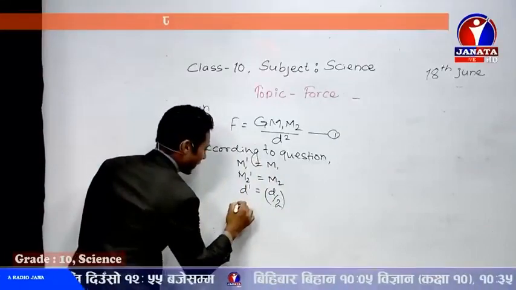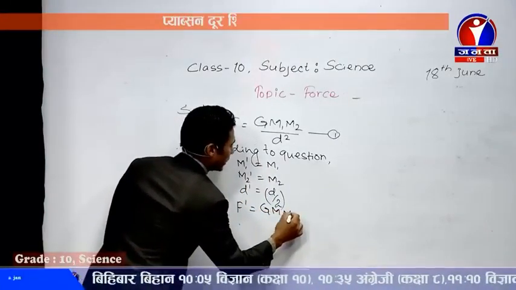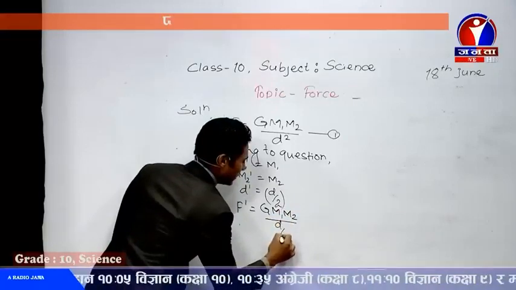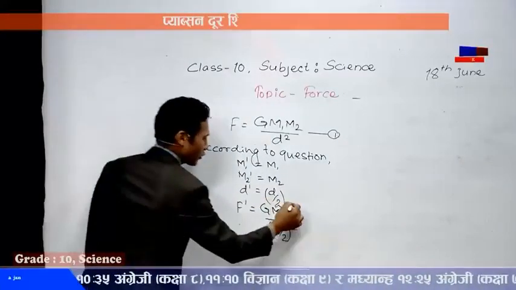From this we can write F dash equals G m1 m2 by (d by 2) the whole square. Try to solve this yourself.